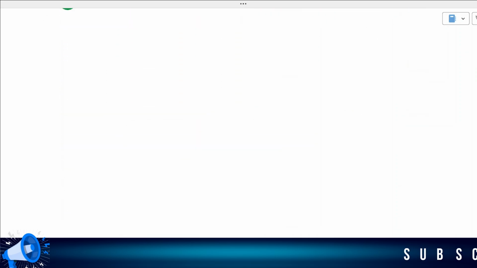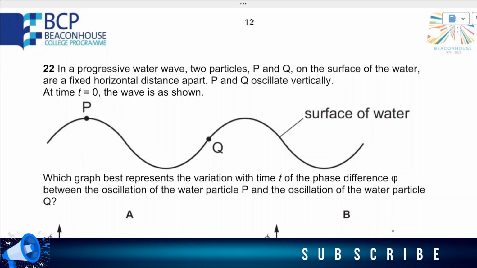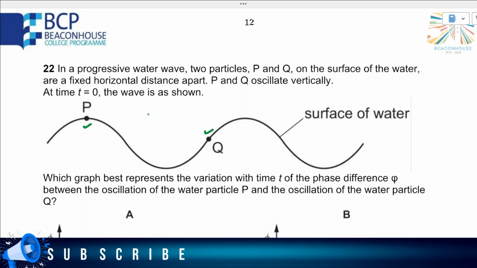But you don't need to worry about this one. And then here we have the next one. We have a progressive wave and the particles P and Q on the surface of the water. P is a fixed point, Q is a fixed point.